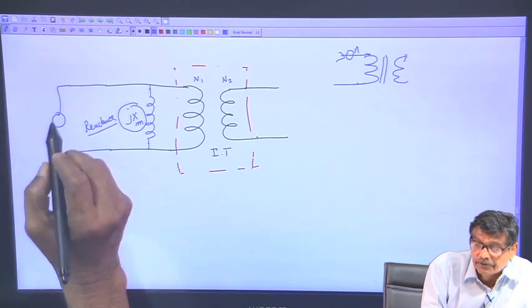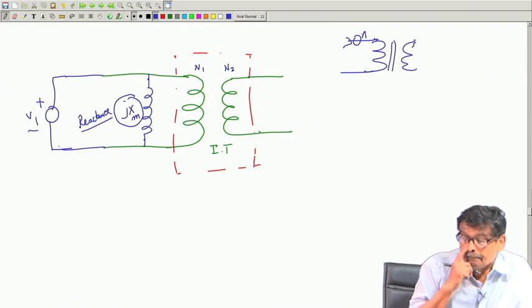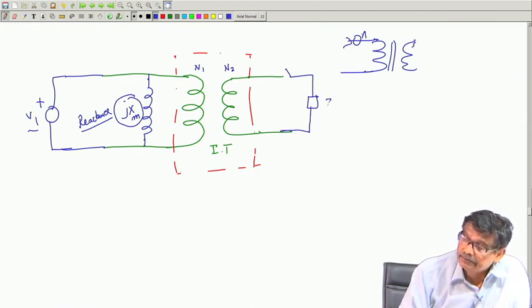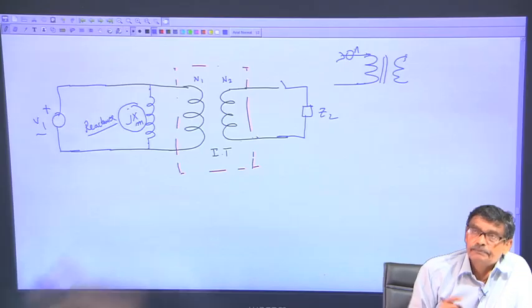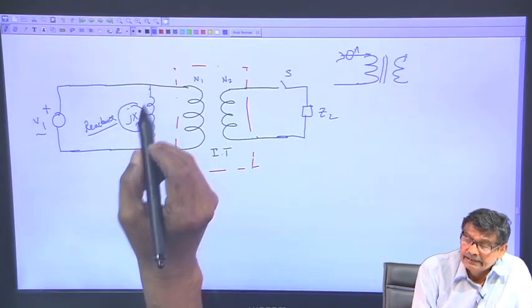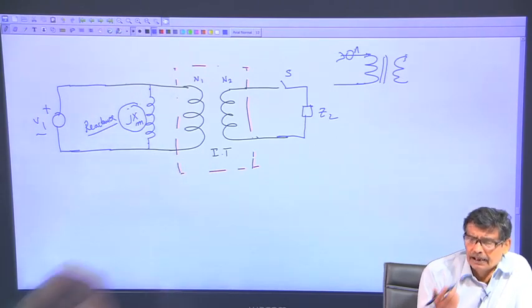So, here is your V1, the applied voltage. You see, if there is a load connected like this, Z2, with S opened, this, as I told you, is a reactance. I have modeled the transformer, thought okay, I will represent it.